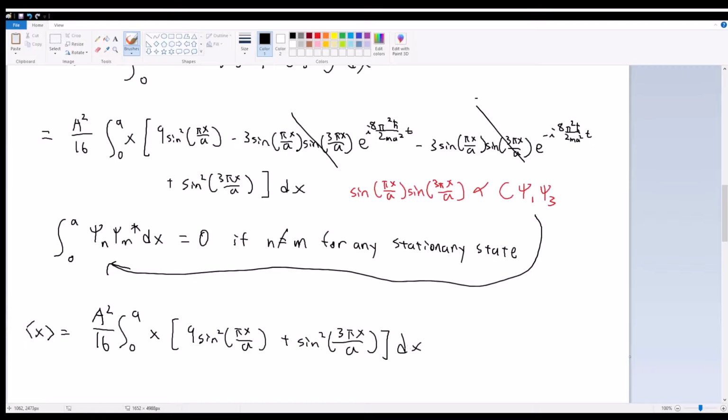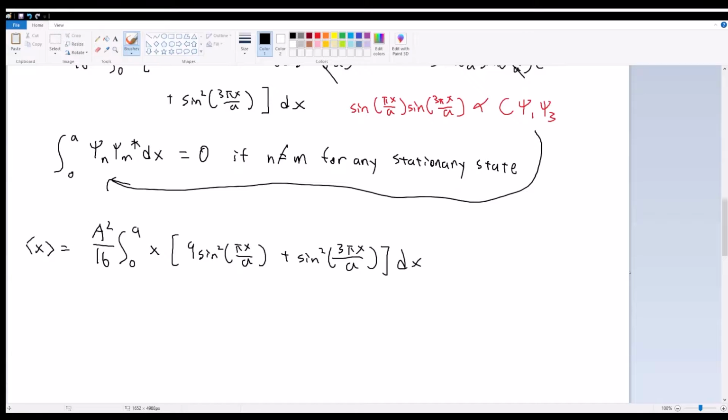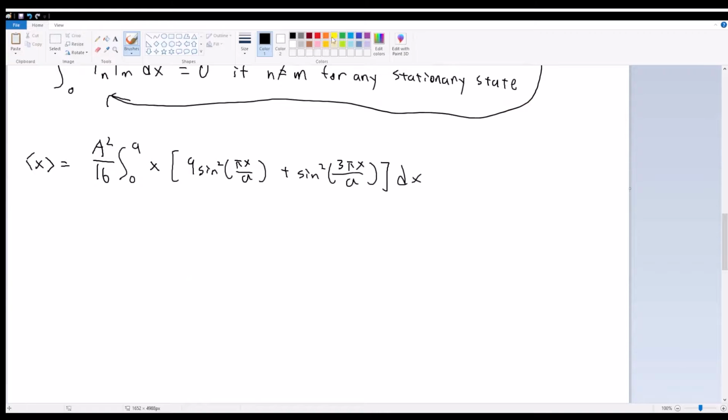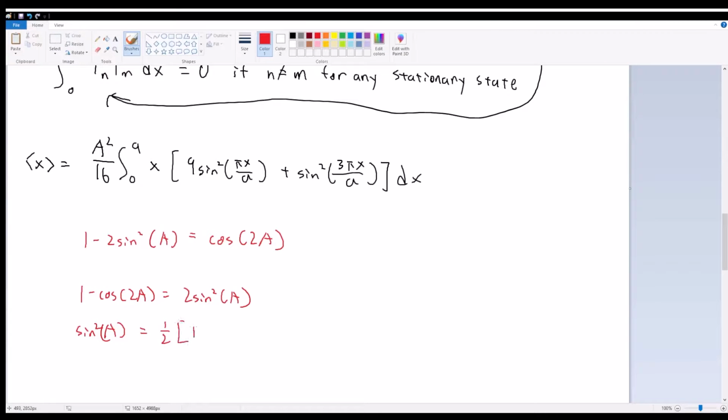Close this off with a dx, and we have two different integrals, and we have to solve this by using the double angle formula. So we can recognize that 1 minus 2 sine squared of any value is equal to cosine of twice that value. So 1 minus cosine 2a is going to equal 2 sine squared of a, or sine squared of a is going to equal 1/2 times 1 minus cosine 2a.